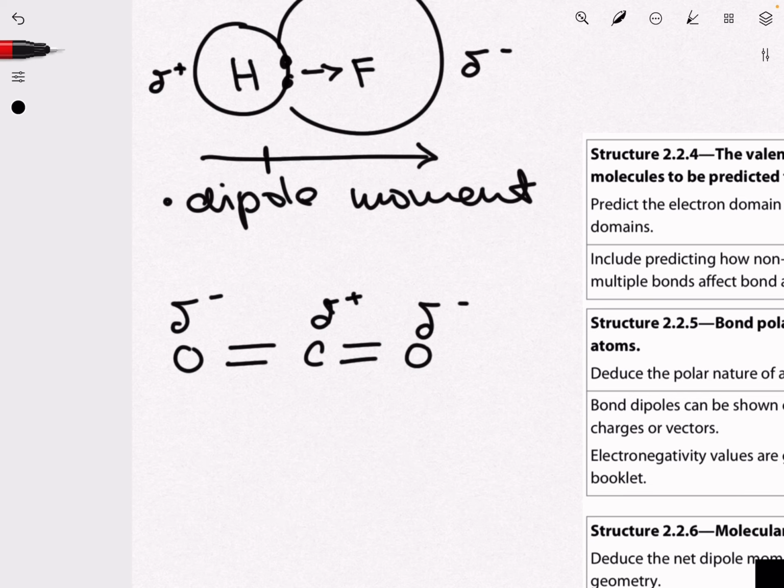As this charge is equally distributed throughout the molecule, if we were to draw a line of symmetry, we can see that we have a nice even split. We say that carbon dioxide has an overall dipole moment of 0.